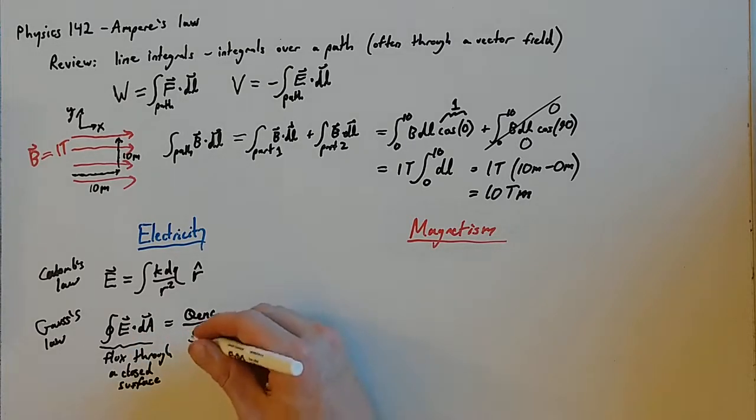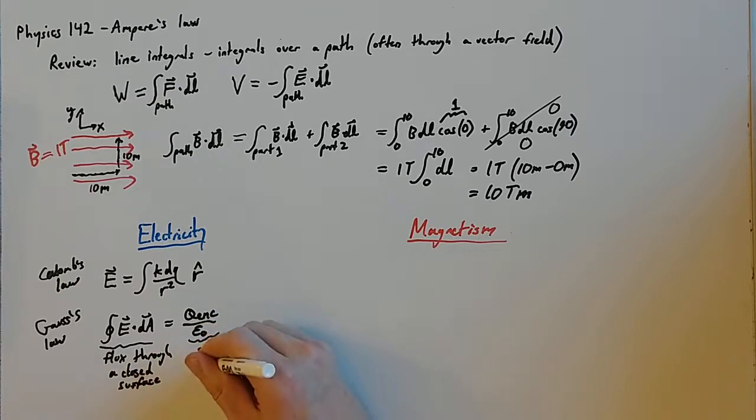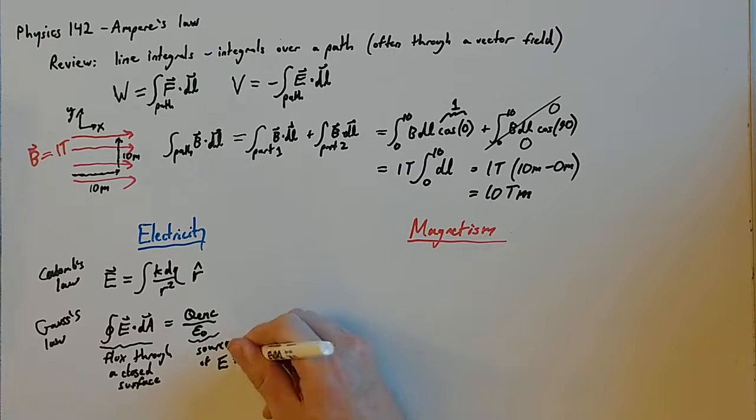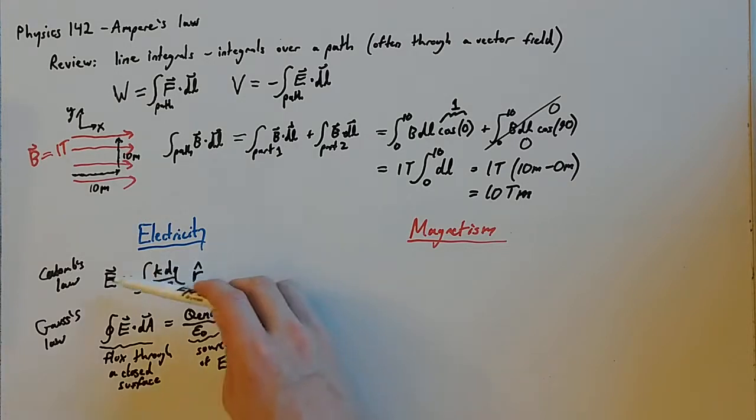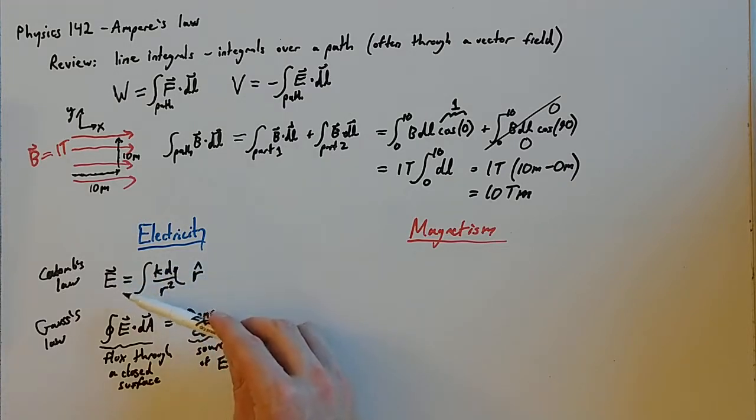So we can think of this as the sources of electric fields. These equations are fairly similar in that here, with the dq's, we can think directly about how much charge produces an electric field and calculate it directly, or Gauss's law lets us calculate a flux, and we used that because sometimes it was a useful shortcut.